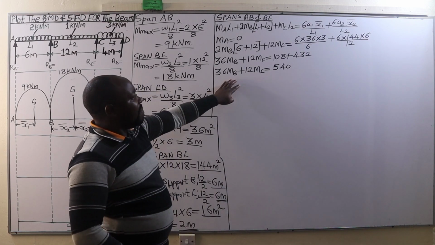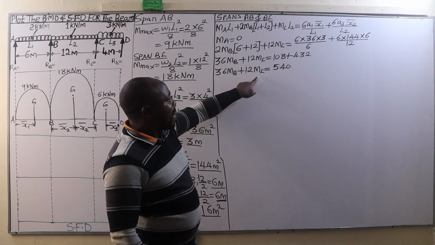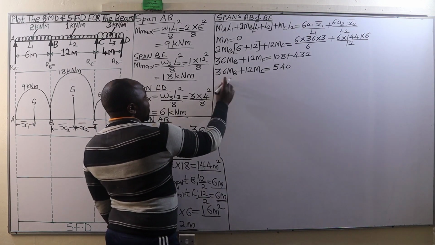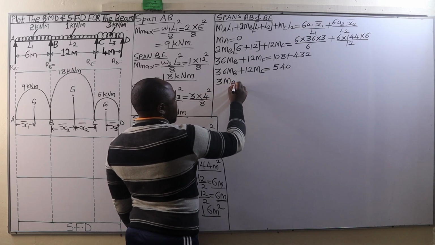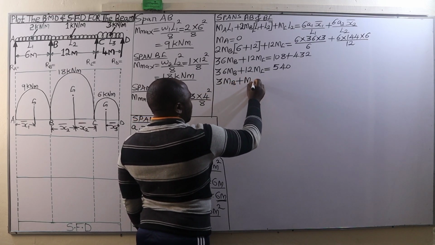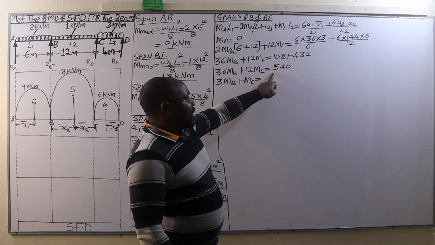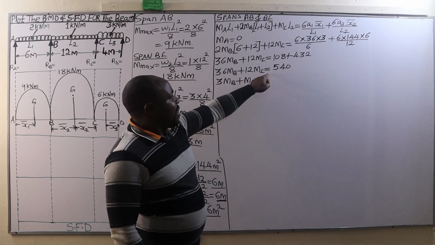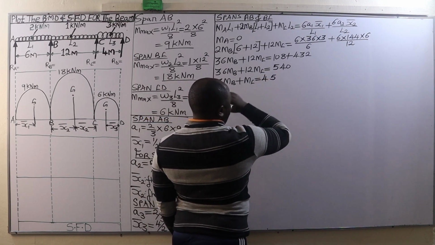Then we are going to simplify this equation by dividing through by 12. So 36 divided by 12 is 3MB plus MC, which will be equal to 540 divided by 12, which is 45.